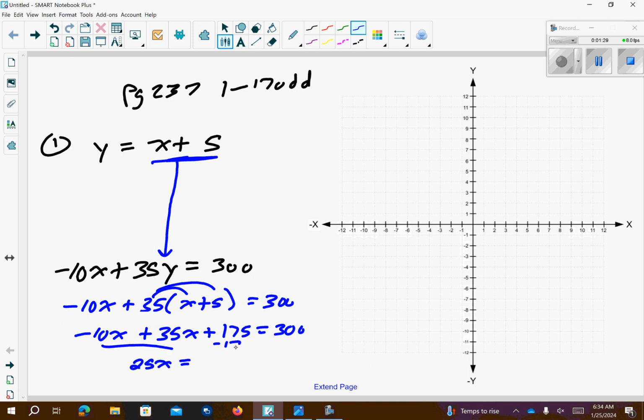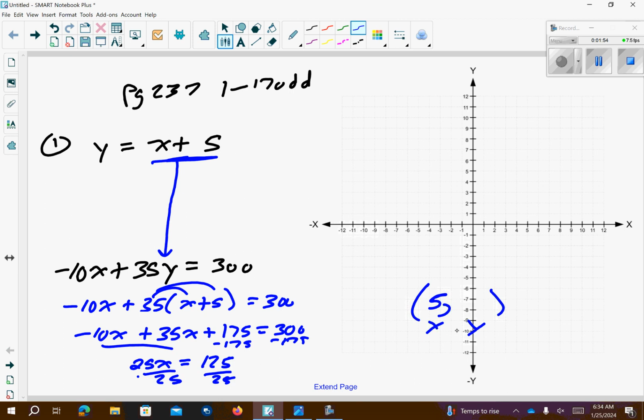Subtract 175 from both sides. So 300 minus 175 is 125. Divide each side by 25. So you find that your x value is 5.